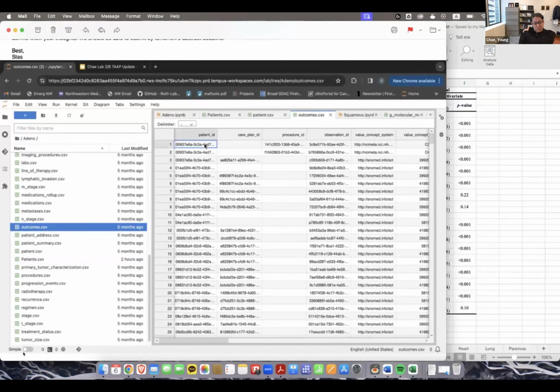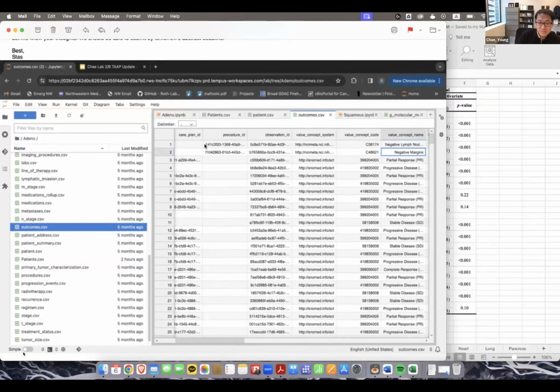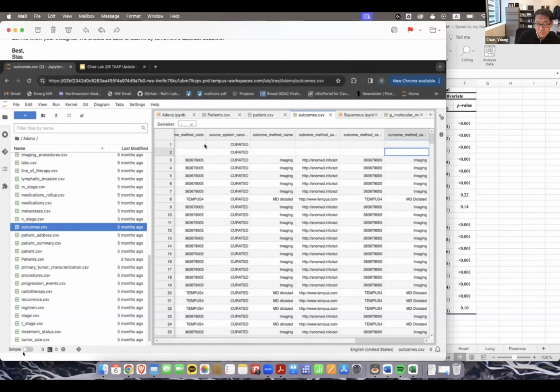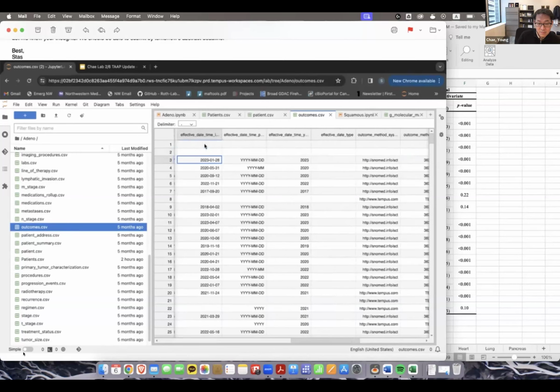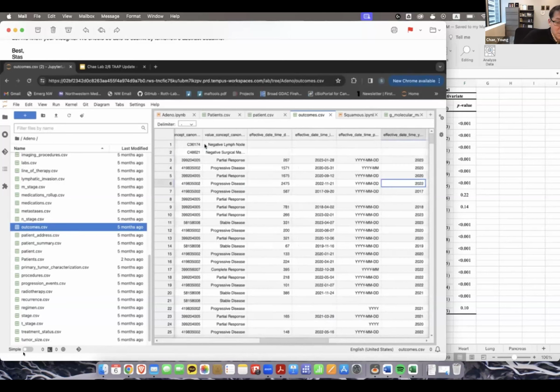These are all the same patient, but this patient underwent multiple different kinds of procedures. Let's see if they have a date here. They don't have a date here; for other patients, they do. This is one example of an issue with the way the information is organized: for some patients it's very well curated, for other patients it isn't.